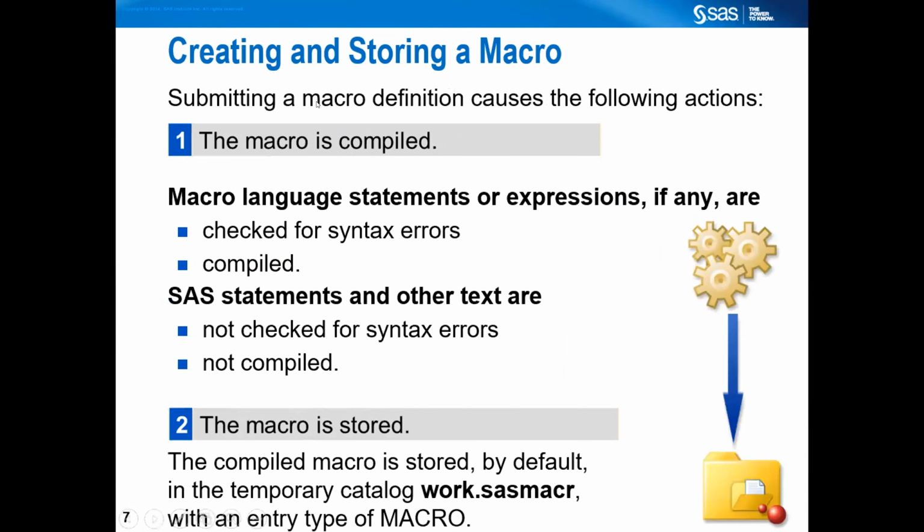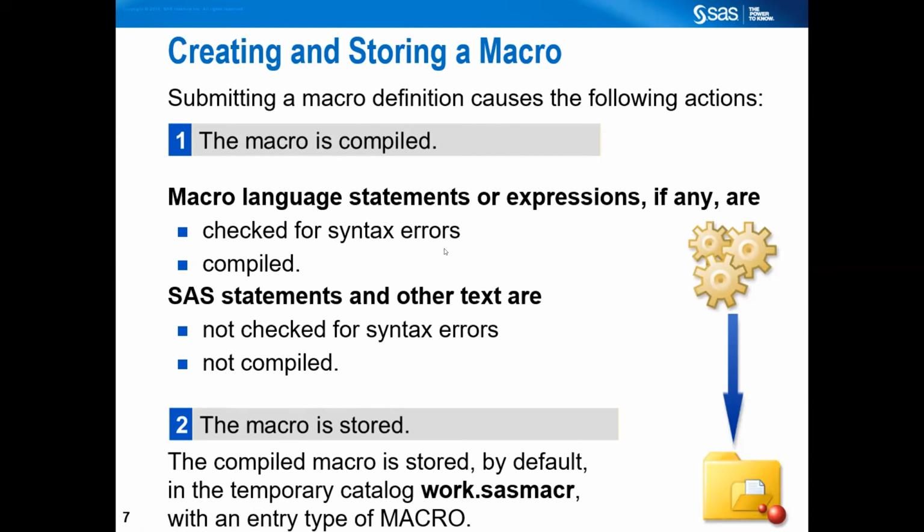So when you submit a macro program, the macro is compiled. Because it's a macro language, understand how it works. The macro language statements or expressions, if any, are checked for syntax errors and compiled. When you submit, so someone who has kept themselves on mute, I'll mute it, no problem.